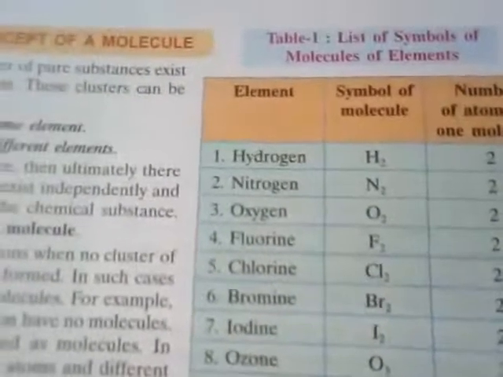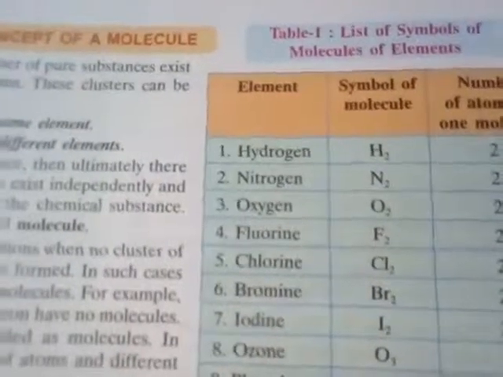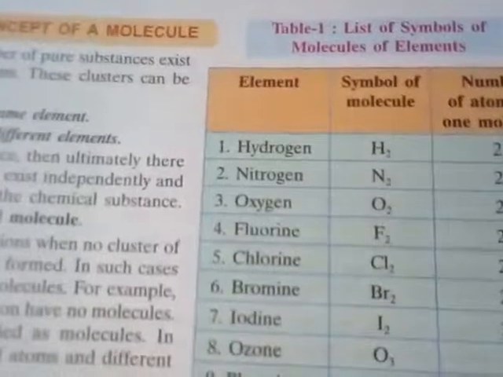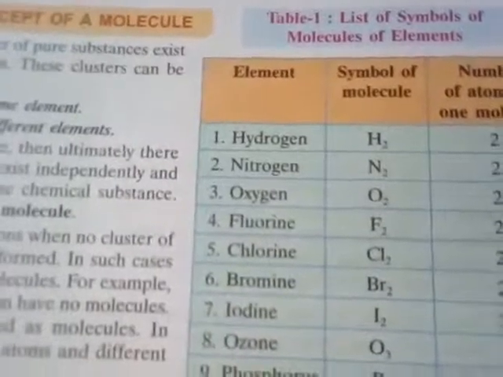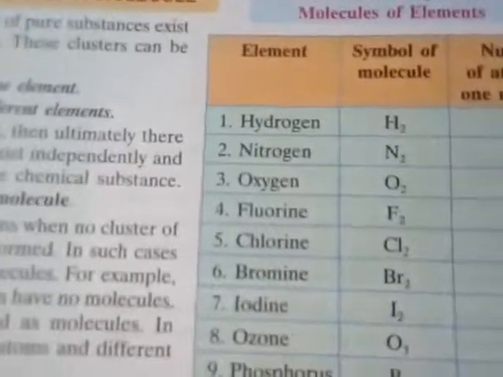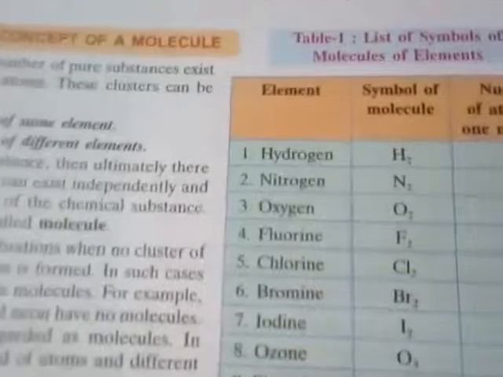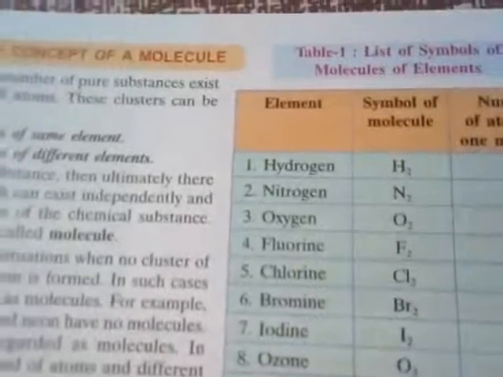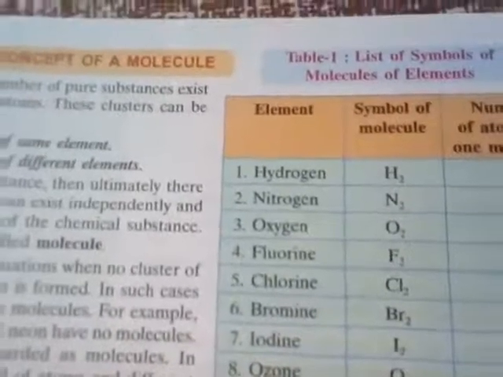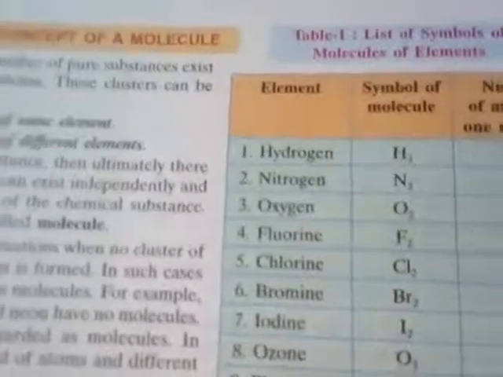Hydrogen always exists as H2, nitrogen as N2, oxygen as O2. Single oxygen does not exist; we can take it as a symbolic example, but actually it exists as F2, Cl2, I2. So depending on their atomicity, that many atoms are present.